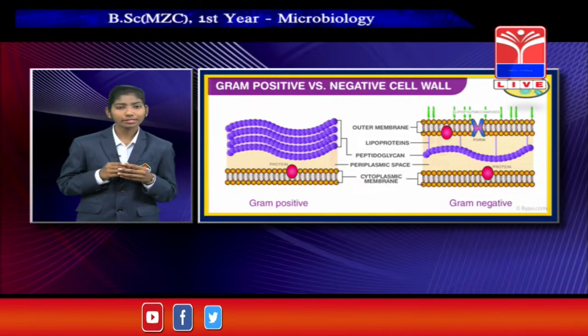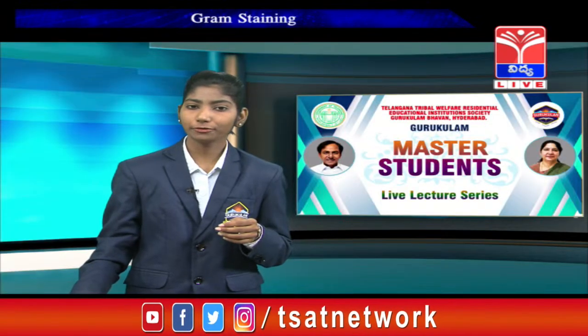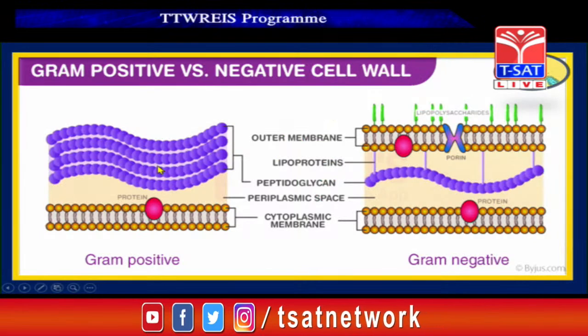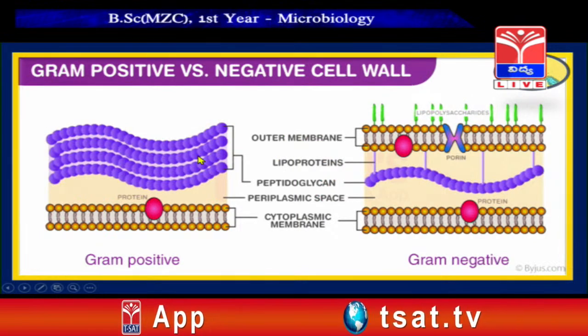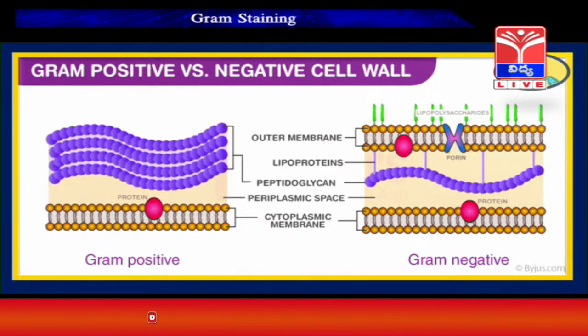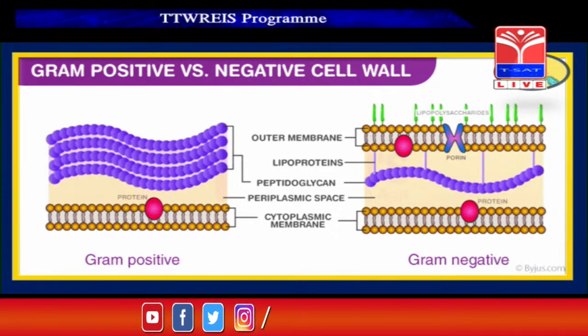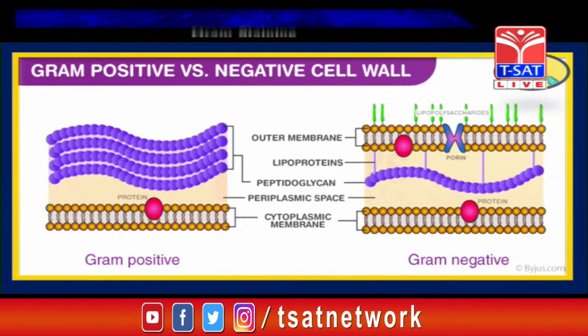Due to the presence of more peptidoglycan in gram positive bacteria, the bacteria can absorb the stains more when we compare it to gram negative bacteria. Actually, what is meant by stains?